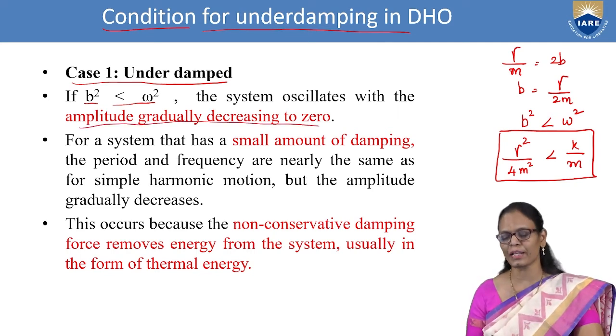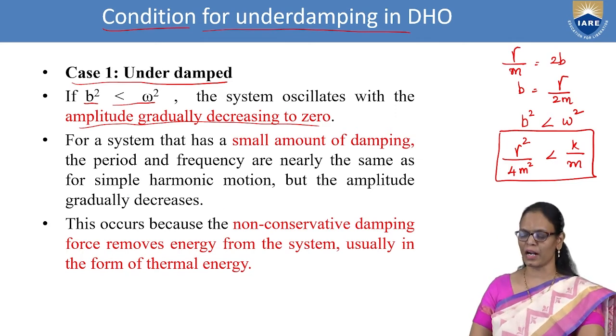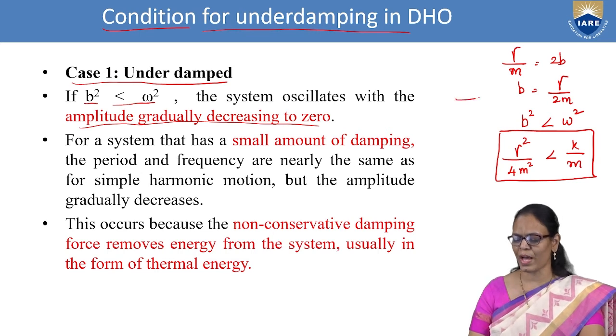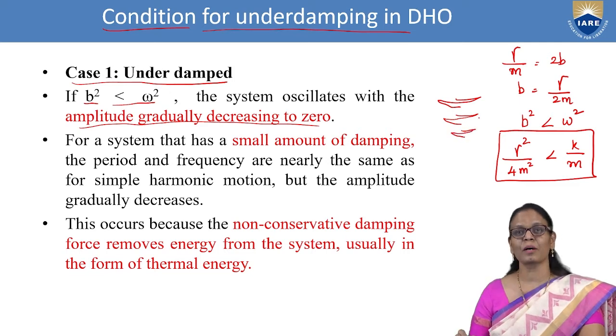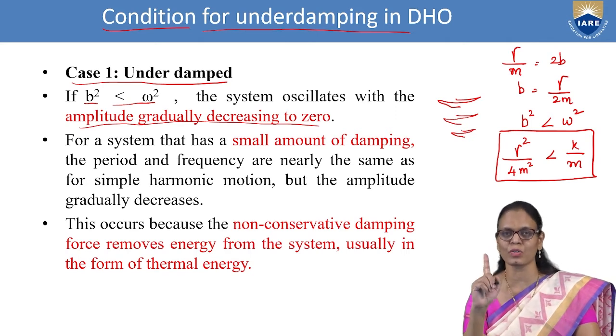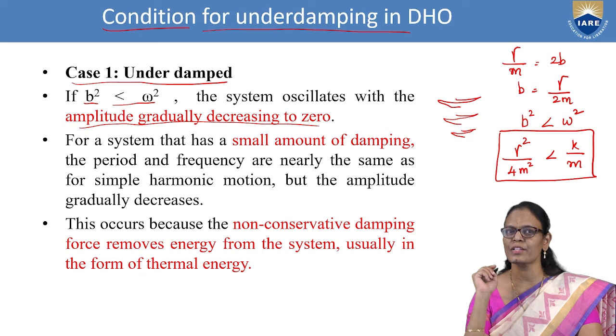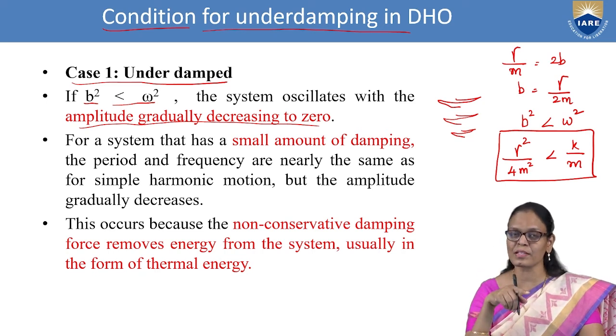So for a system that has a small amount of damping, the period and frequency are nearly the same, but the amplitude decreases. What you need to understand here in underdamping is that the amplitude goes on decreasing gradually, but the time period, the time it takes for one complete oscillation, and the frequency, the number of oscillations it makes per second, remain the same.